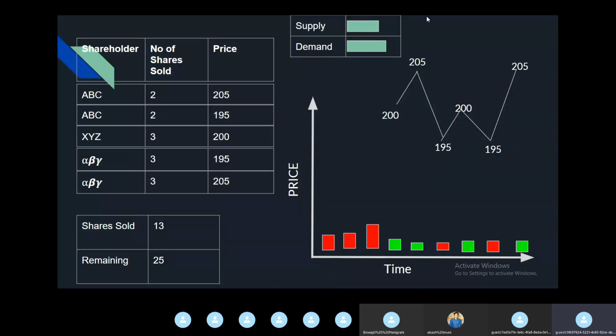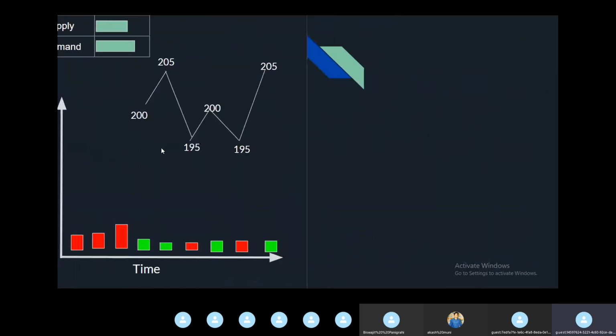Demand has decreased a little because the market has moved from 100 to 205, but it has not decreased much. And supply has increased. Supply increased, demand is almost there, and the price movement is not much. Institutions are selling.